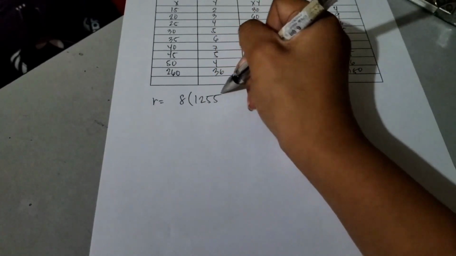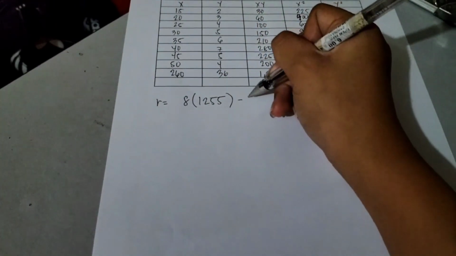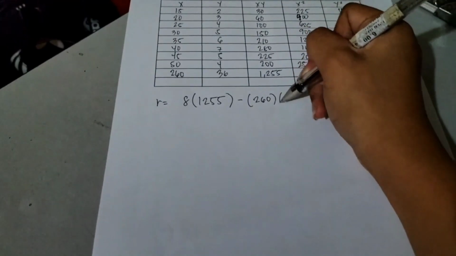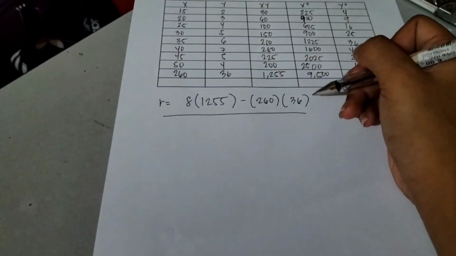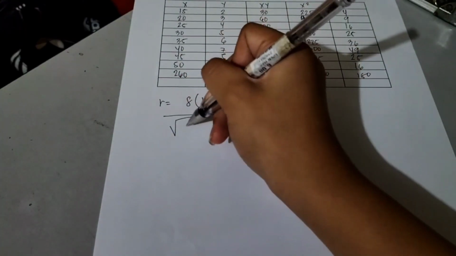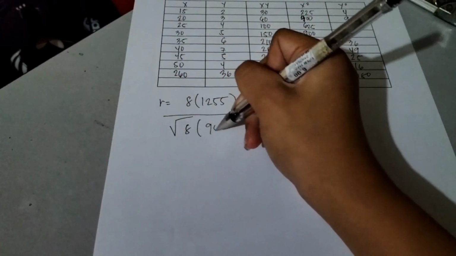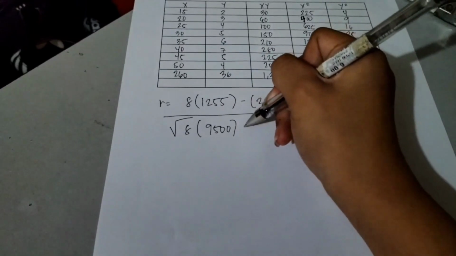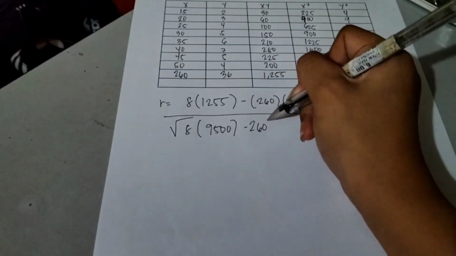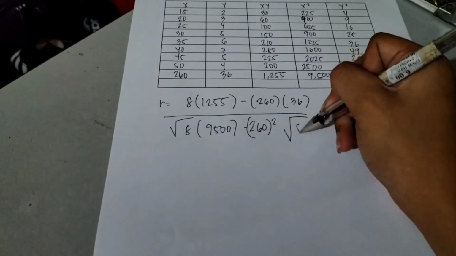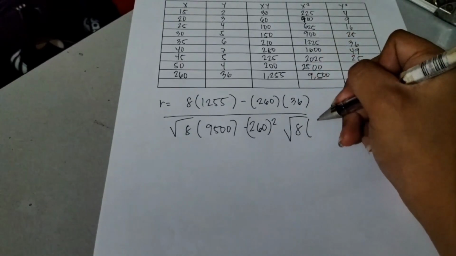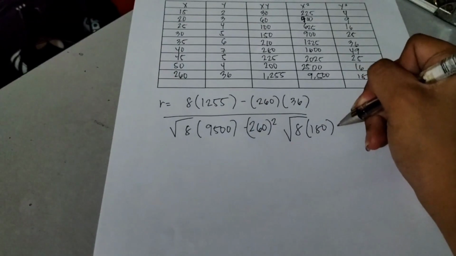So, mauna yung sample size, then yung total ng xy minus total ng x and then yung y, and then sa denominator, square root and sample size, then total ng x squared and ng x.